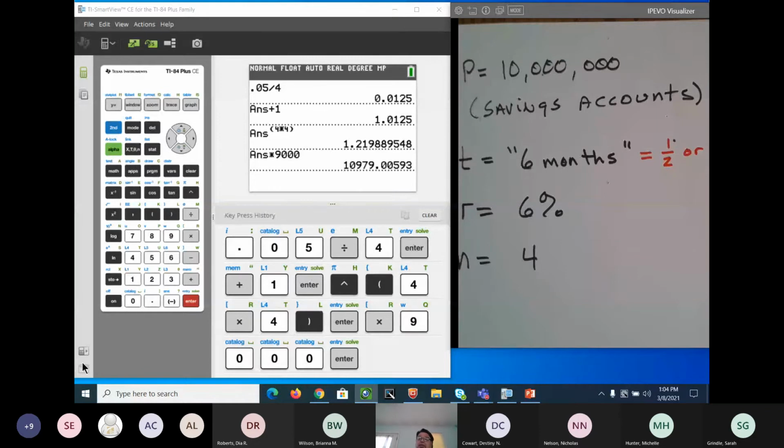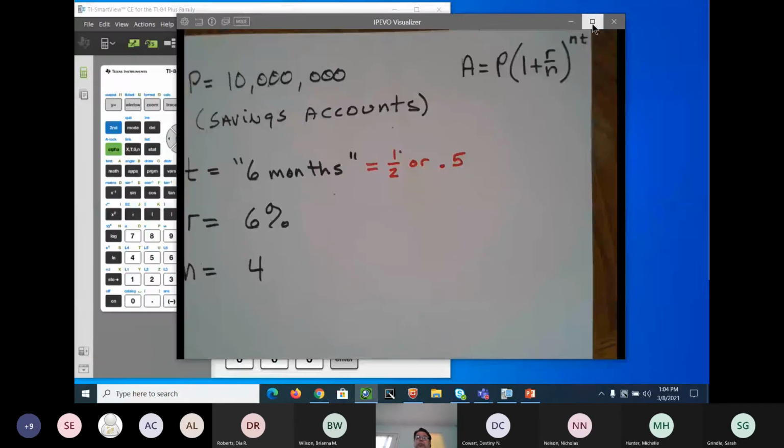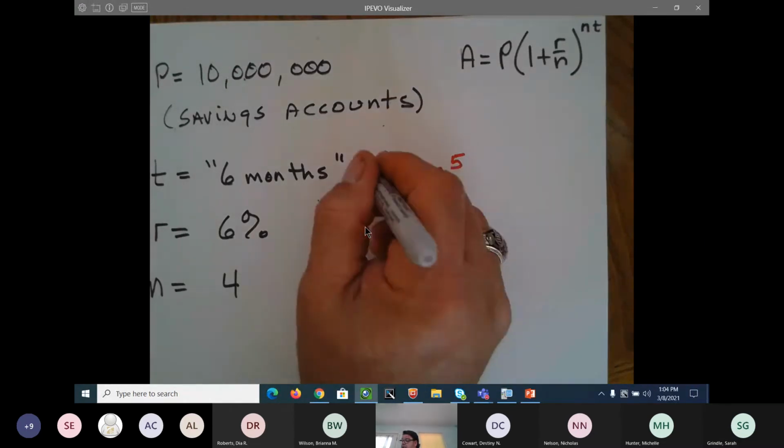And you shouldn't have to write anything down. I'm sorry. Let me move this over. There it is. So you shouldn't have to write anything down. All you need to do is type it in the calculator. And I'll sit here and let you do it for a minute or two, and we'll do it together.